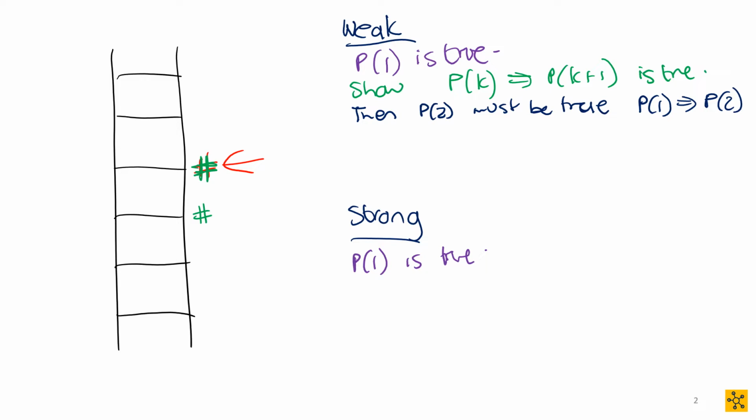So we had that base case situation of P1 is true. We show that if you have Pk, A tends to B, or A implies B essentially. So if Pk is true, then Pk plus 1 is true.